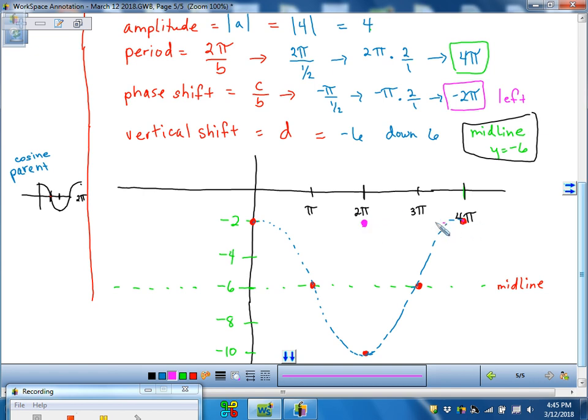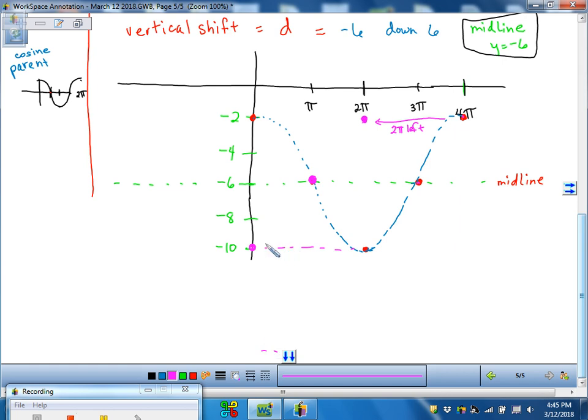Okay? I'm just moving each one of the points that I've already graphed 2 pi to the left. So now I do the same thing with this little red point right here. If I move it 2 pi to the left, it's going to end up right on top of this red point here. Take the bottom point, move it 2 pi to the left, which is going to put it right on the y-axis.